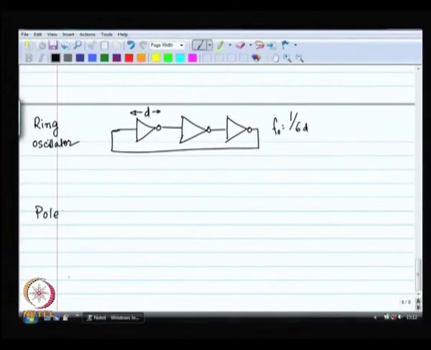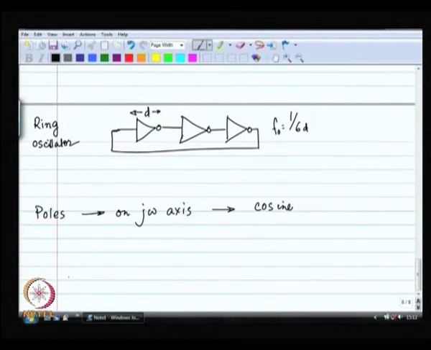If I am able to place poles on the j omega axis, then my system is going to oscillate. So, this is a third line of thought. This will generate perfect cosine.